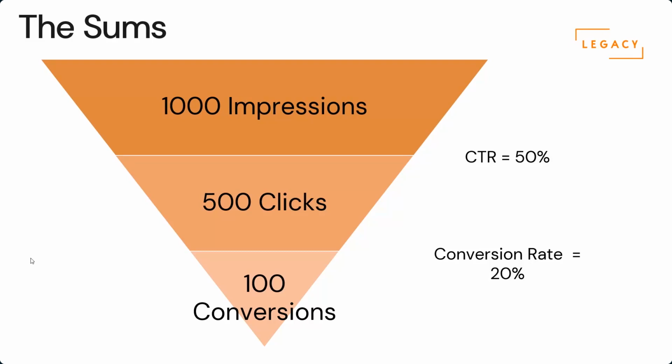But then if we have a conversion rate of 20%, so of the 500 clicks that come to the website, 20% of them convert, we get 100 conversions. That's the simple maths, and that figure really does have a big impact on the amount of leads and sales that we see coming through.